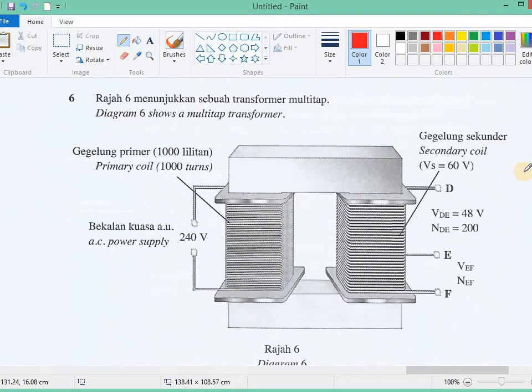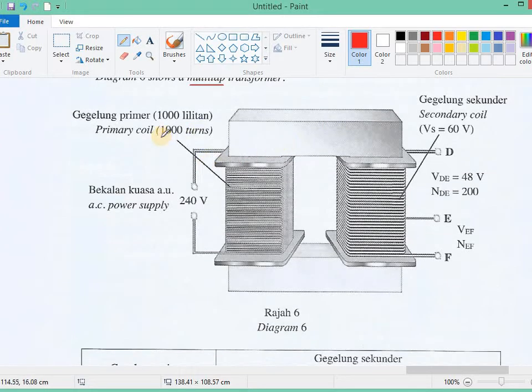Diagram 6 shows a multi-tap transformer. Multi-tap transformer means that it has more than one terminal for the output. That means you can connect DF, DE or EF. There are three types of setting. So this is what we call a multi-tap transformer.